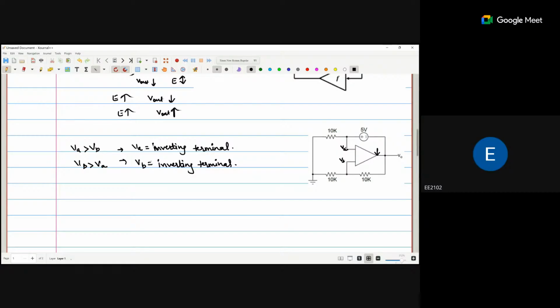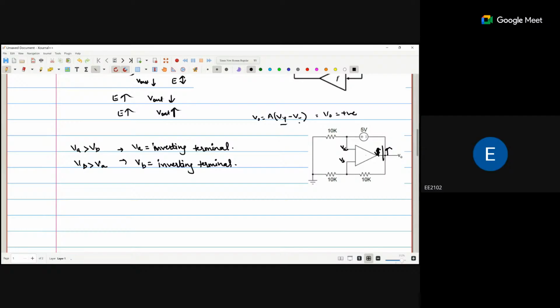Both will depend on the differential mode. So basically the output Vout is nothing but A times V positive minus V negative. If V positive is greater than V negative, Vout is positive. If we apply the signal at the positive terminal and get the output positive, we can say there is no phase shift.